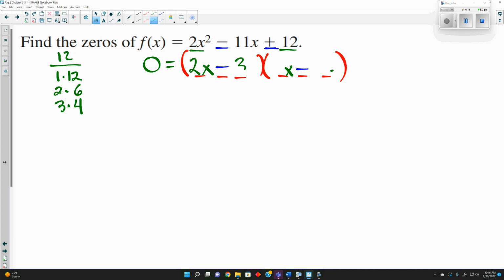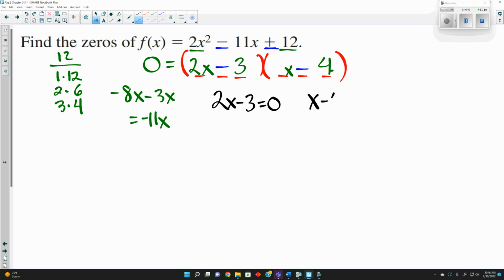3 and 4. 2x times negative 4 is negative 8x. Negative 3 times x is negative 3x, which is negative 11x, what we wanted. So we can say 2x minus 3 is equal to 0 and x minus 4 is equal to 0.